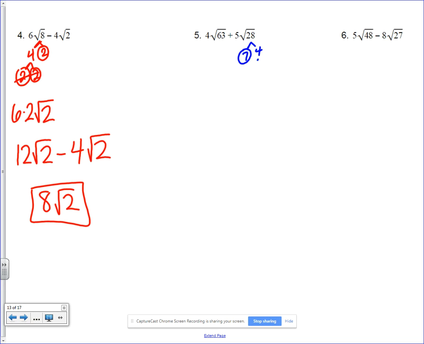Okay. What was out front to begin with? Pair. Underneath. Good. 5 times 2 is? Okay. Other side now. How about that 63? Okay.